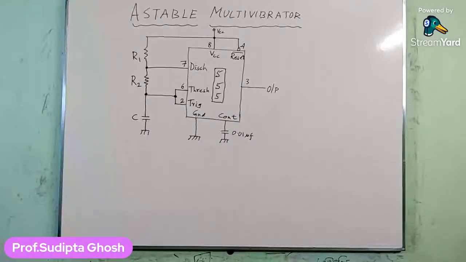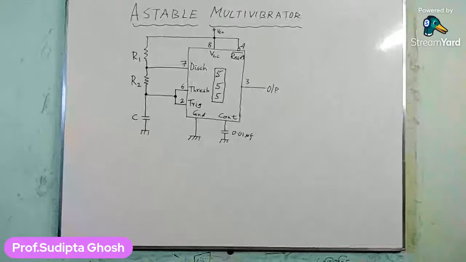These two inputs are connected with each other and to the capacitor itself. So as the power supply is switched on, the capacitor C momentarily acts as a short circuit to ground, and the timer is triggered as the capacitor is connected to the trigger pin.